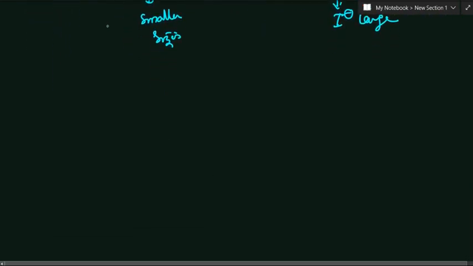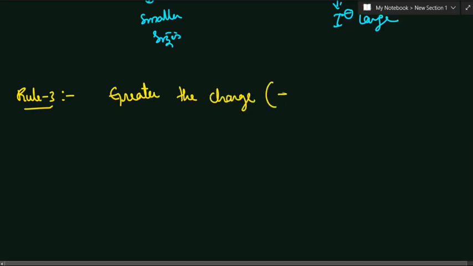Now rule number three. Let us talk about rule number three, which says greater the charge, whether it is positive charge or negative charge, more is the covalent character.